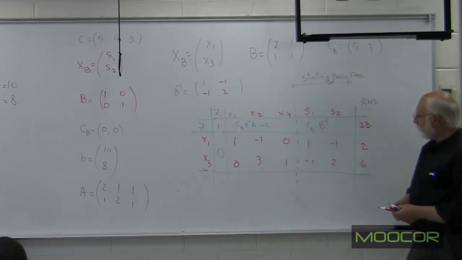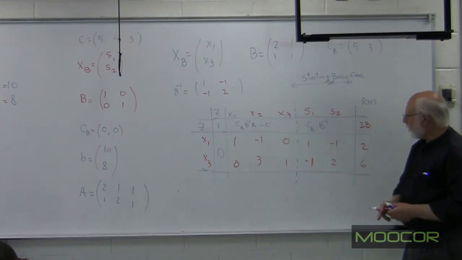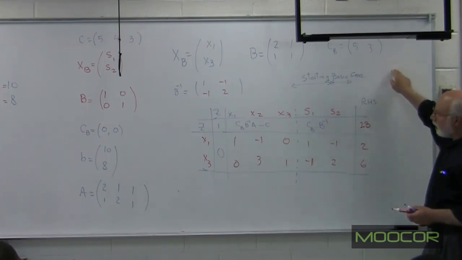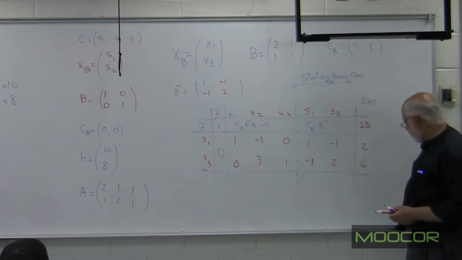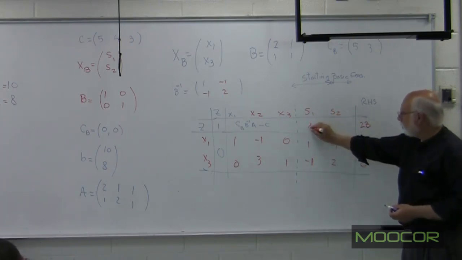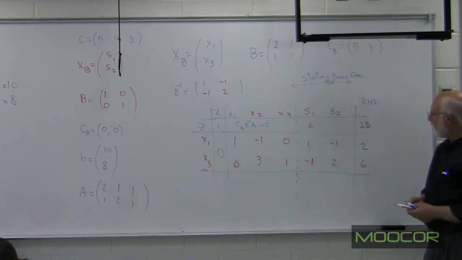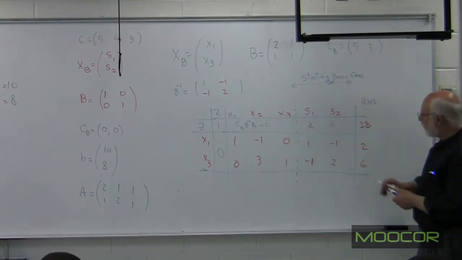CB times B inverse, that's our B inverse. CB is 5 and 3. That's 5 minus 3, that is 2. And minus 5 and 6, that's 1.